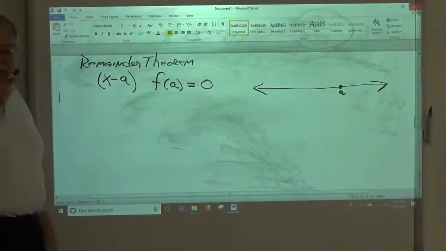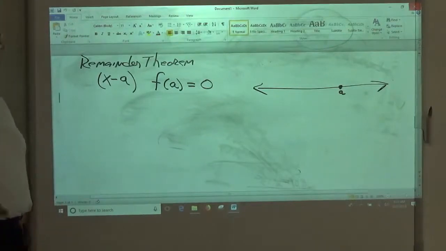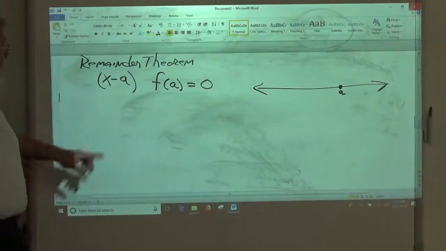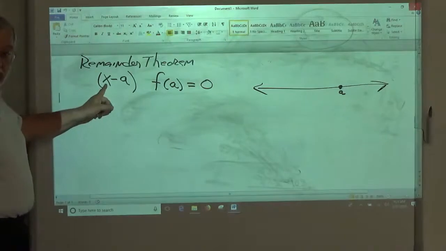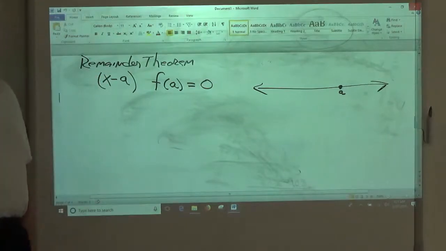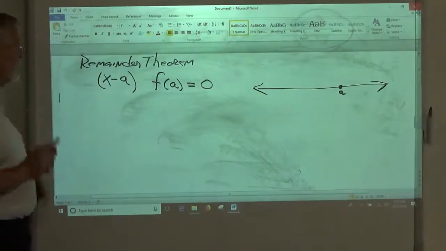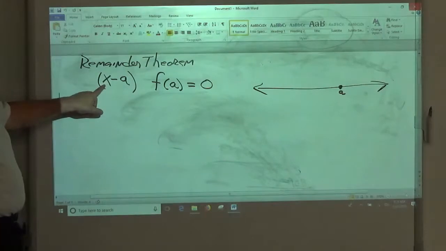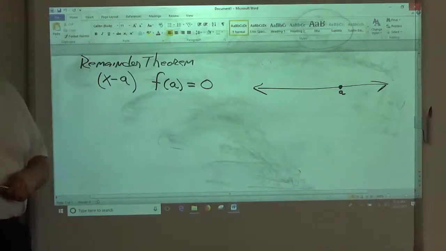Now we're going to find today that there's a quick way when this is 1 x to the first power. It's called synthetic division. Synthetic division is really quick and easy, but it does not work when this value is something more than 1. Okay? So that's why you need to know how to do long division.